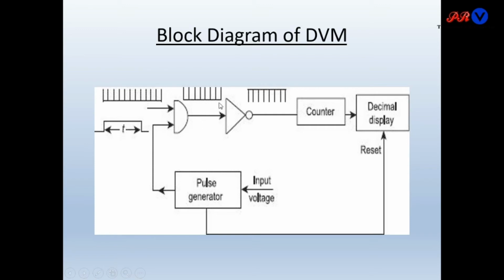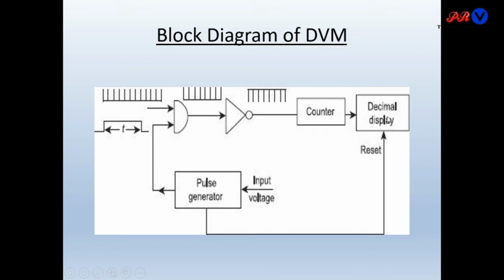And then we are using an inverter, a NOT gate. It will invert the digital train of pulses. This is the counter. This counter counts these pulses, and the number of these pulses is displayed on the decimal display.